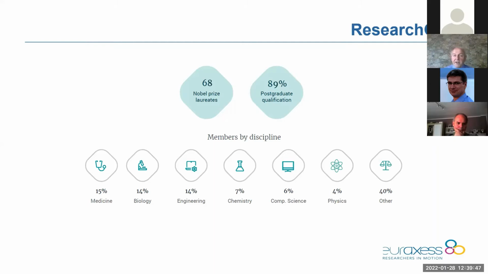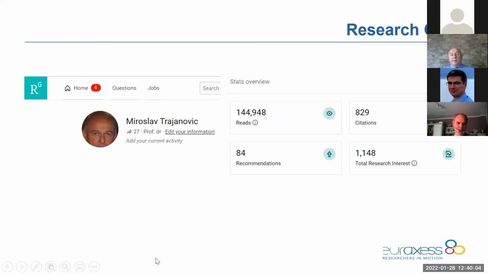But what is very important for you is that 89% of the users also have a postgraduate qualification. You can publish your project idea, your project results, or even a presentation on ResearchGate, and this part is free.